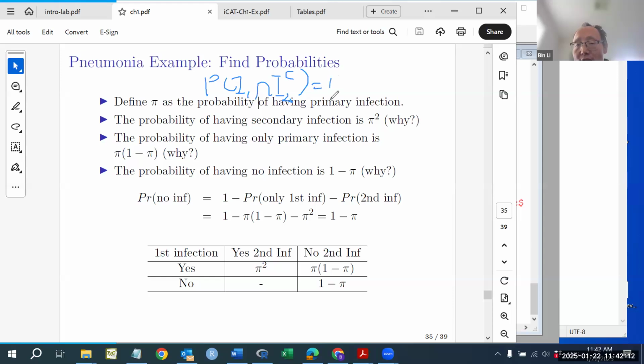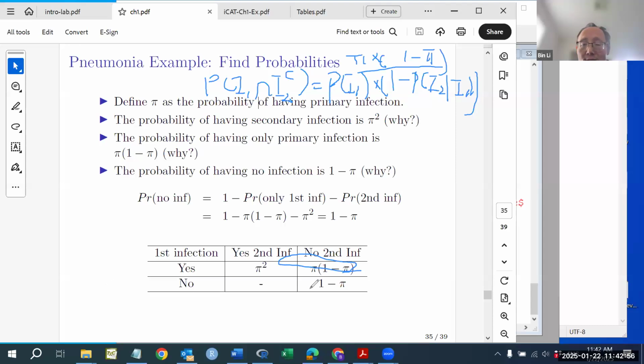That equals pi, the first infection, multiplied by 1 minus the probability of getting the second infection, I2 given I1. That will be 1 minus pi. So it is pi times 1 minus pi. So that's this one.